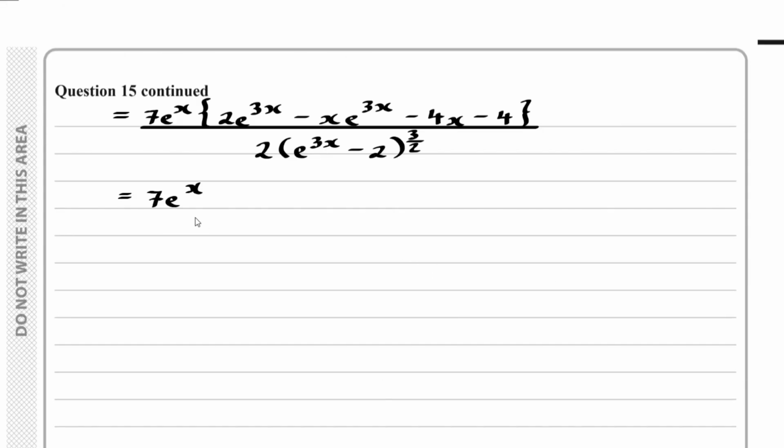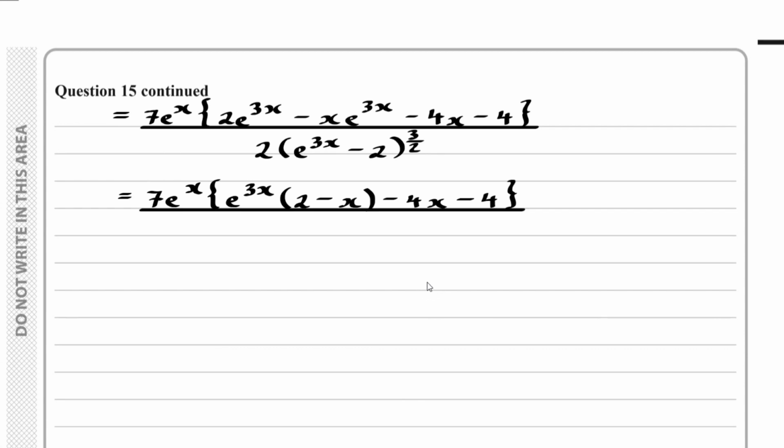So I've got 7e^x, and inside this bracket, if I factorise out an e^(3x) from this term and this term, I have 2 - x. Then I subtract 4x and subtract 4, and I divide this by 2(e^(3x) - 2) to the 3/2. So you can see then a is negative 4 and b is negative 4.